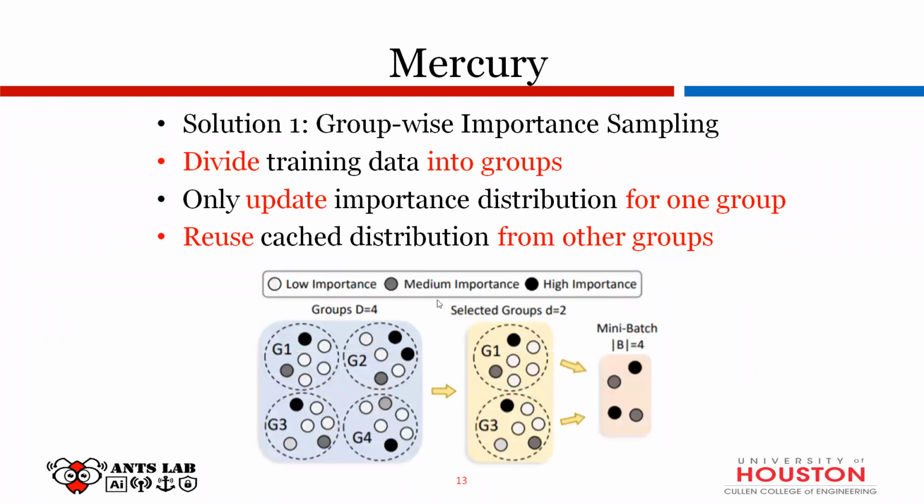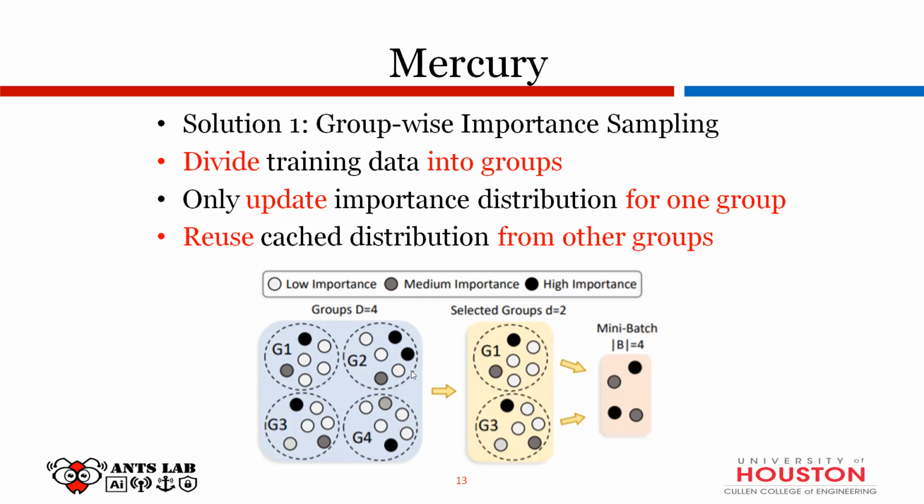Here's a figure to demonstrate what that means. On the left, the mini batch is 4, so we try to get 4 data from these 4 groups. But instead of computing all those 4 groups and then extracting 4 data from them, we can choose to select some of them and use the data from there.